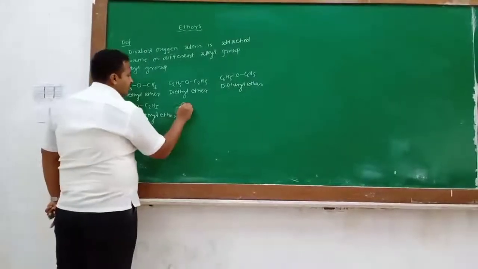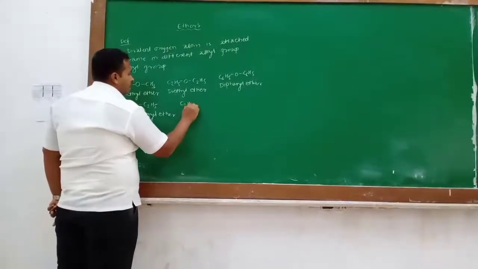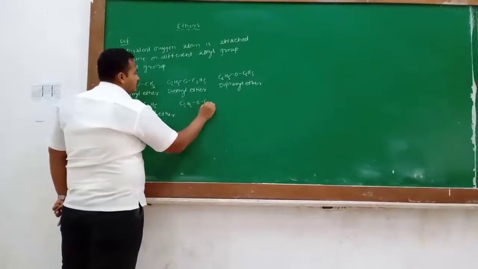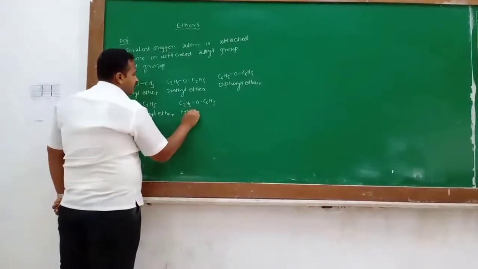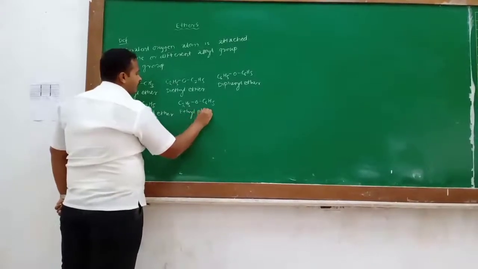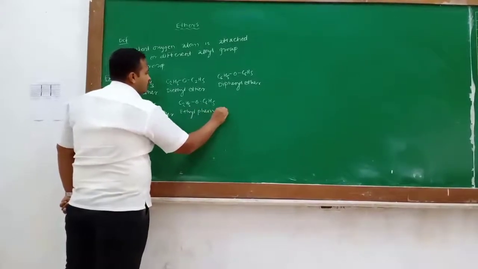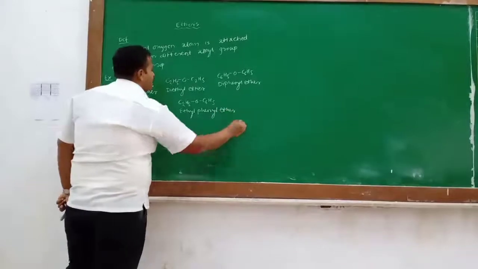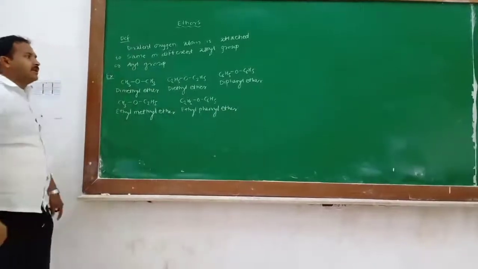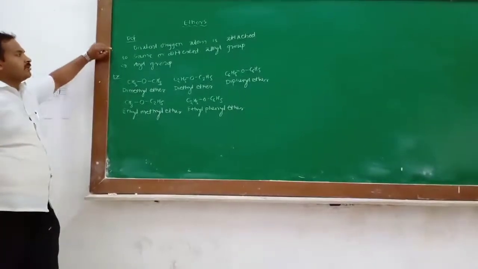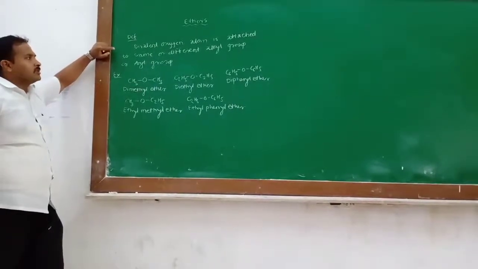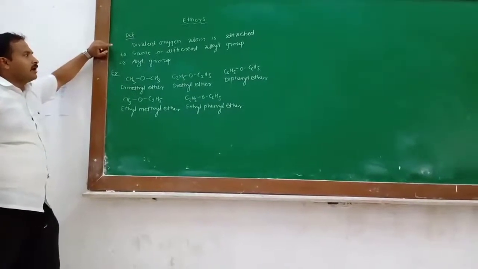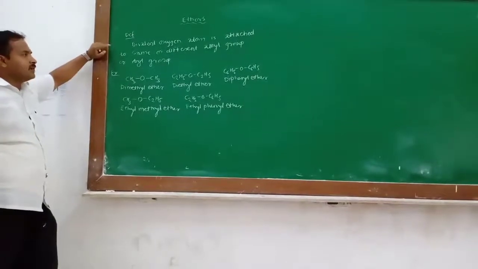Next example, C2H5 O C6H5. It is ethyl phenyl ether. These are the examples of ether. Keeping in mind the definition, a divalent oxygen atom is attached to the same or different alkyl or aryl groups. Okay, this is the first definition.